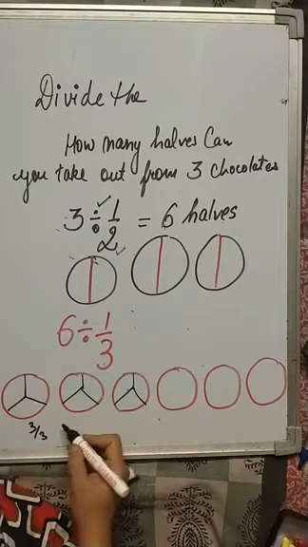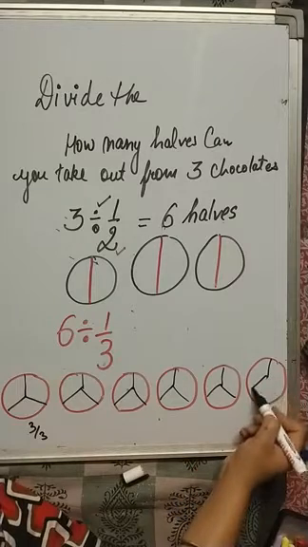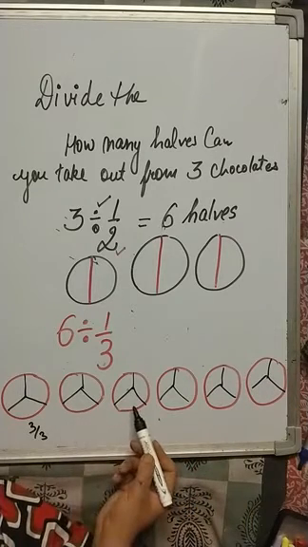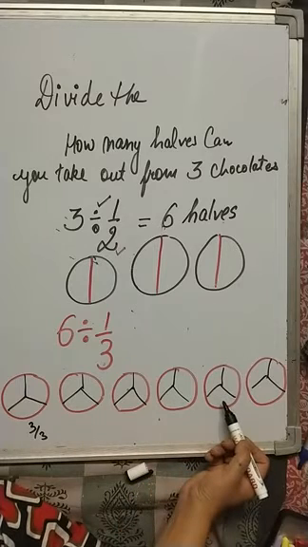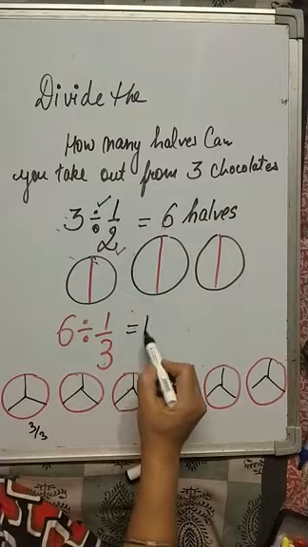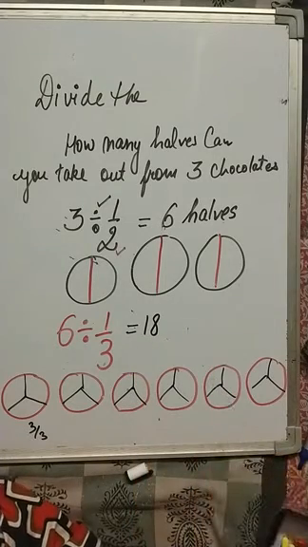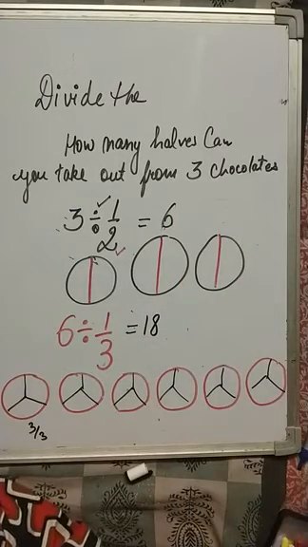Every chapati has 3 thirds. So how many thirds are there in total? 3, 3, 6 plus 3, 9 plus 3, 12 plus 3, 15 plus 3, 18. So there are 18 thirds which we can take out. So this is the required solution.